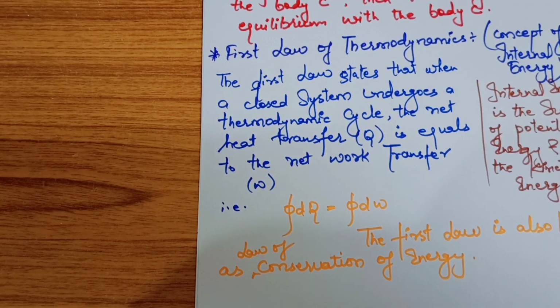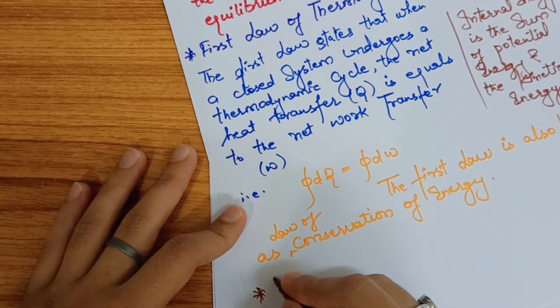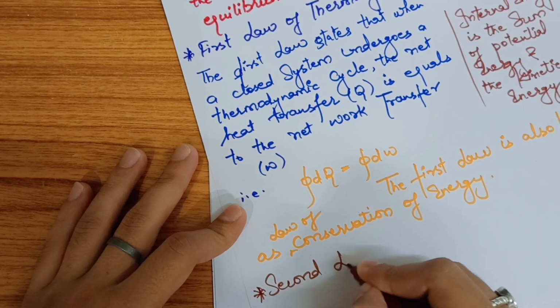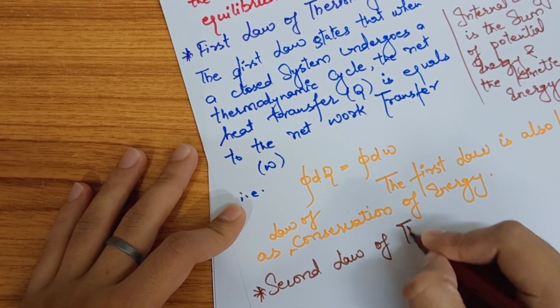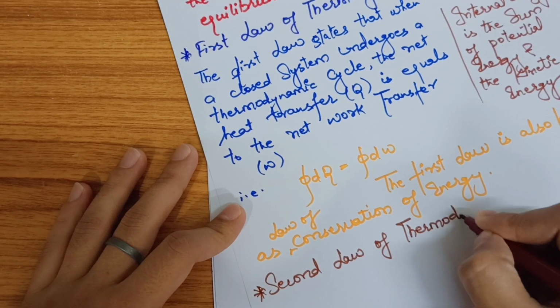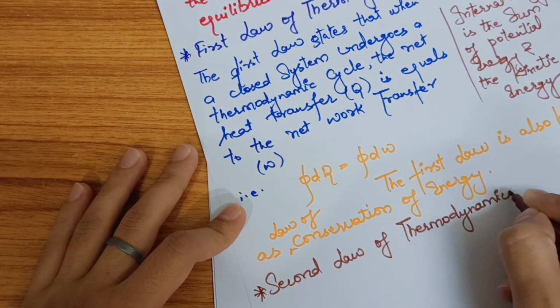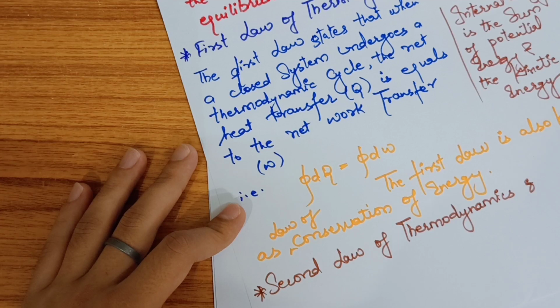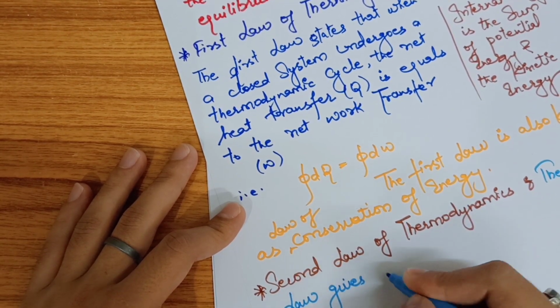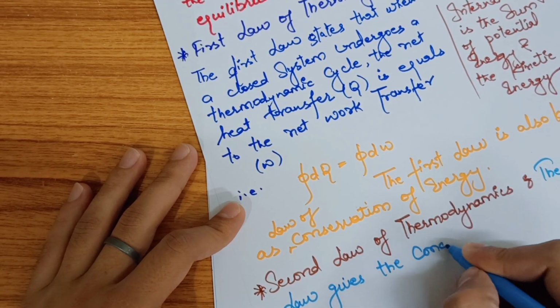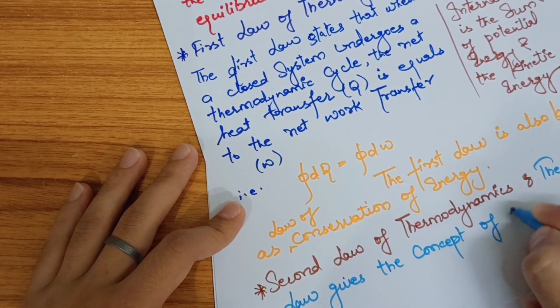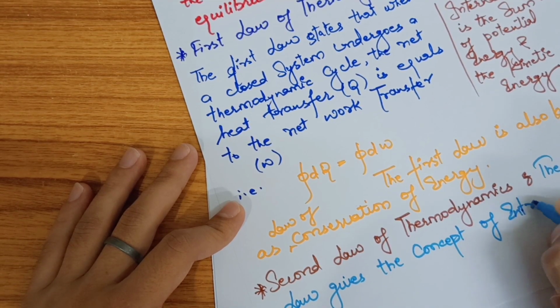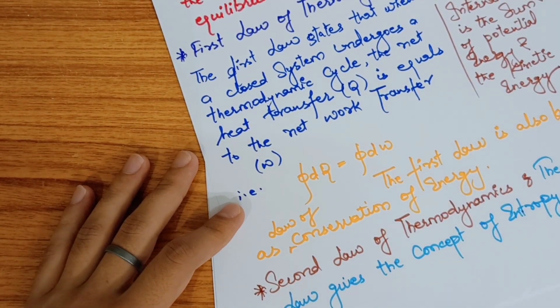So going with the second law of thermodynamics. The second law gives the concept of entropy. What do you mean by entropy?